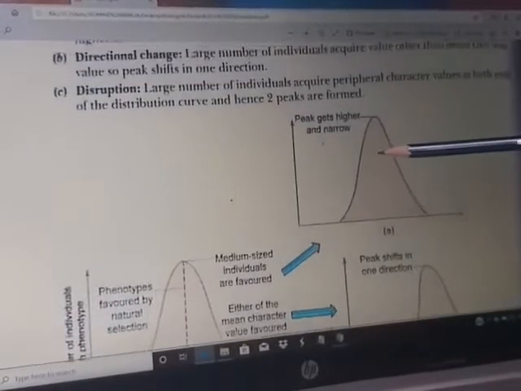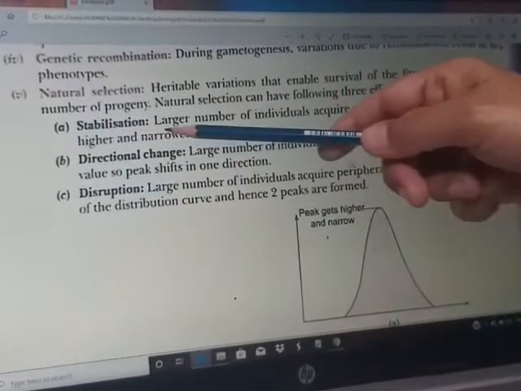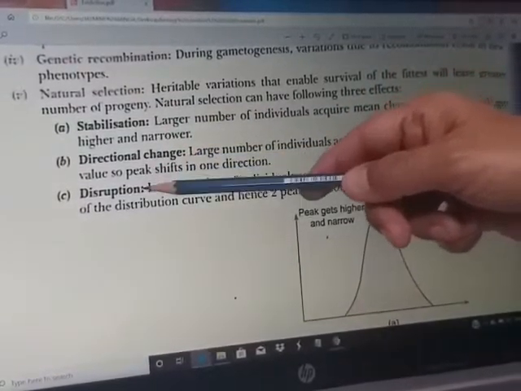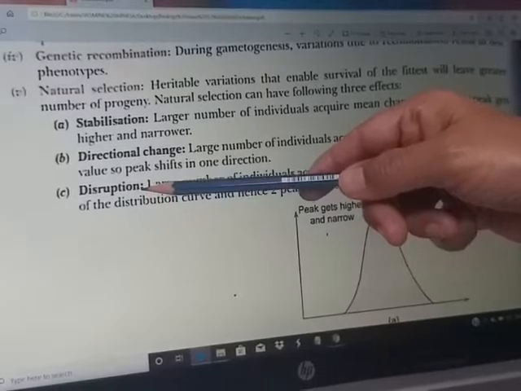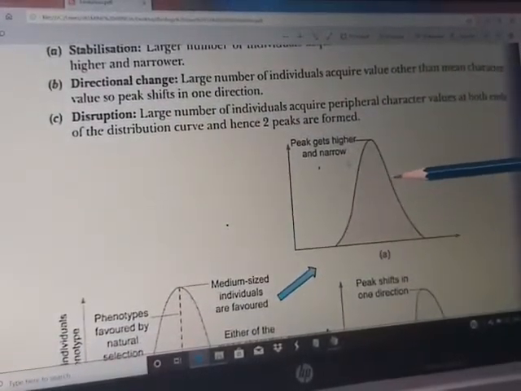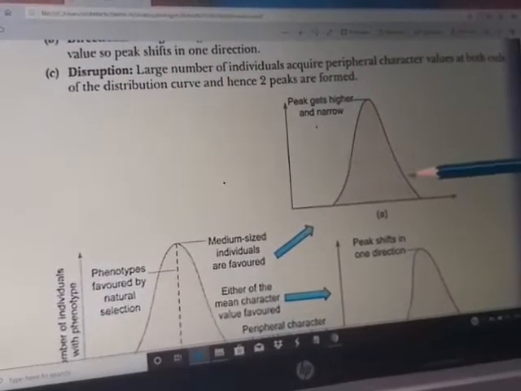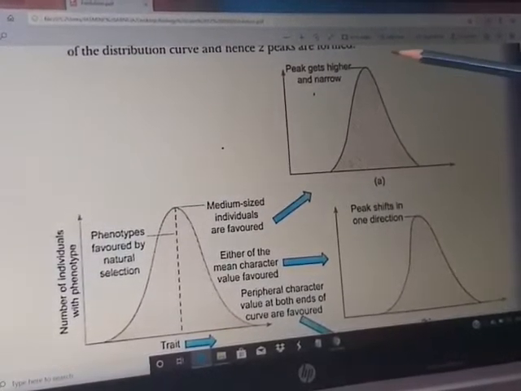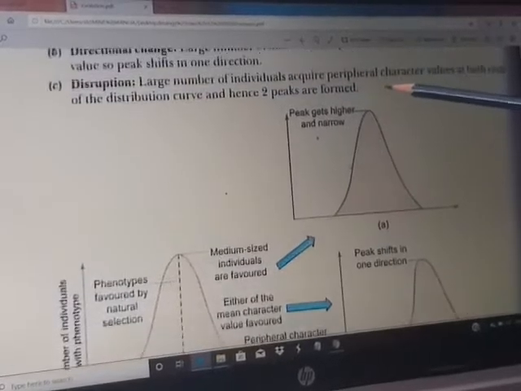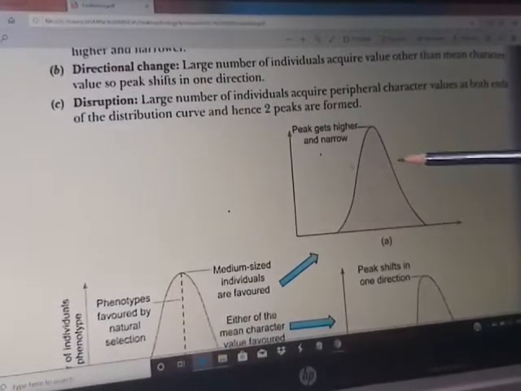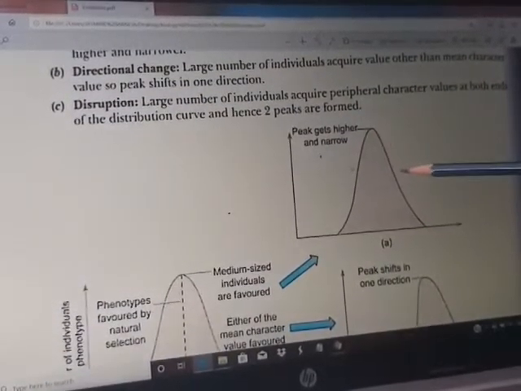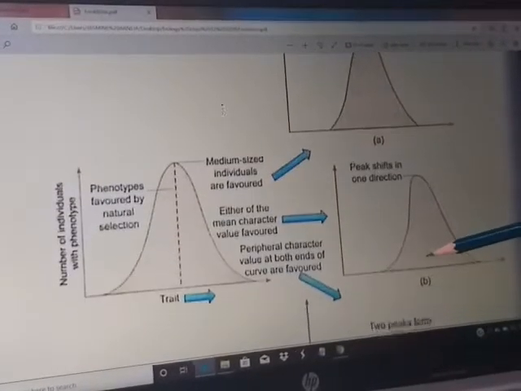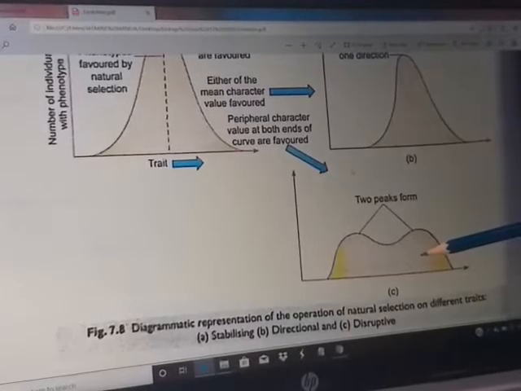The first is stabilization, second is directional, third is disruptive. We show you with graphs. This is directional, this is stabilization, this is directional, and this is disruptive.